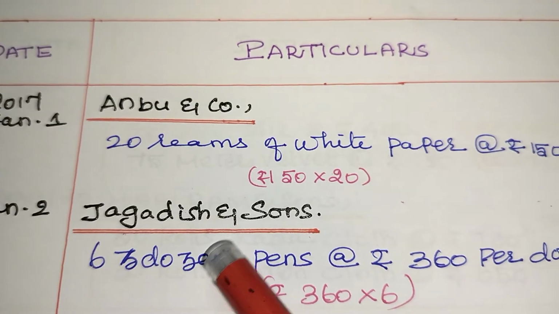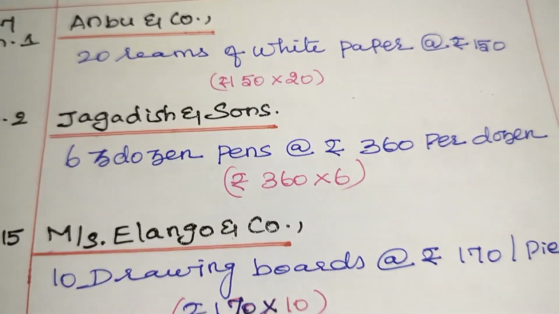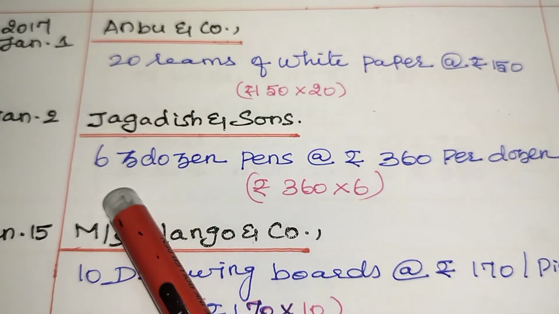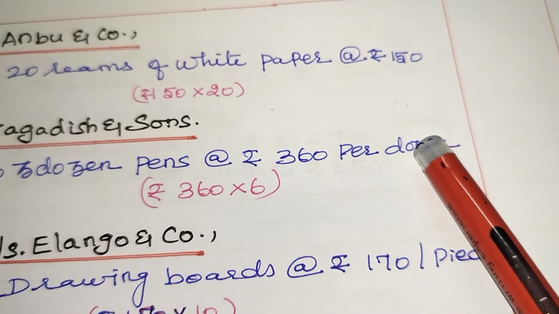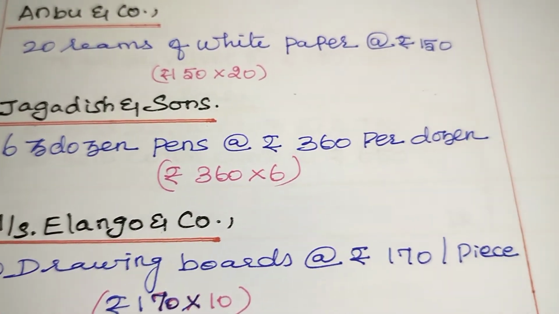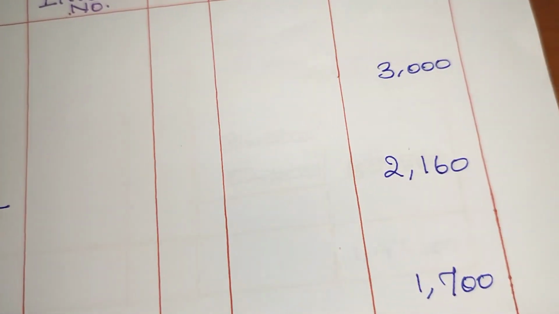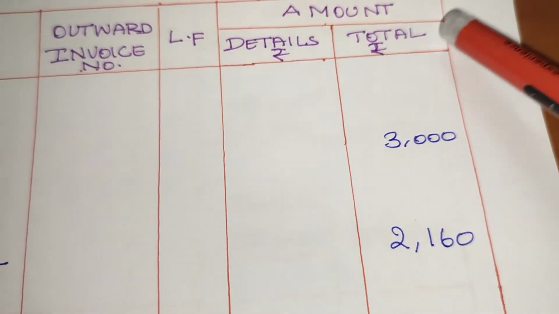Who is the customer? Jagadish and Sons. What is the detail given here? Selling details: 6 dozen pens at rupees 360 per dozen. So how do we calculate? We multiply 360 into 6. How much do you get? You get 2160. You directly enter it into the total column.